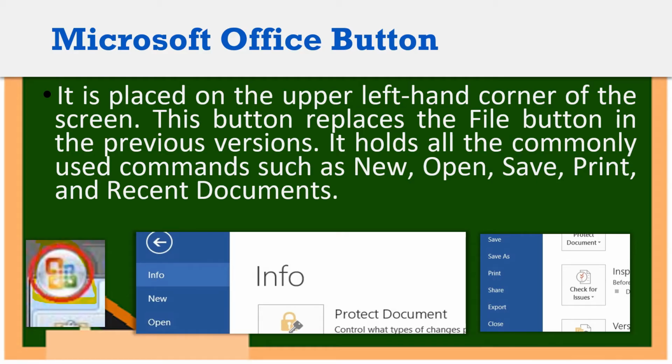We call it the Microsoft Office button, a place on the upper left-hand corner of the screen. This button replaces the file button in the previous version, so it holds all the commonly used commands such as new, open, save, print, and recent documents.